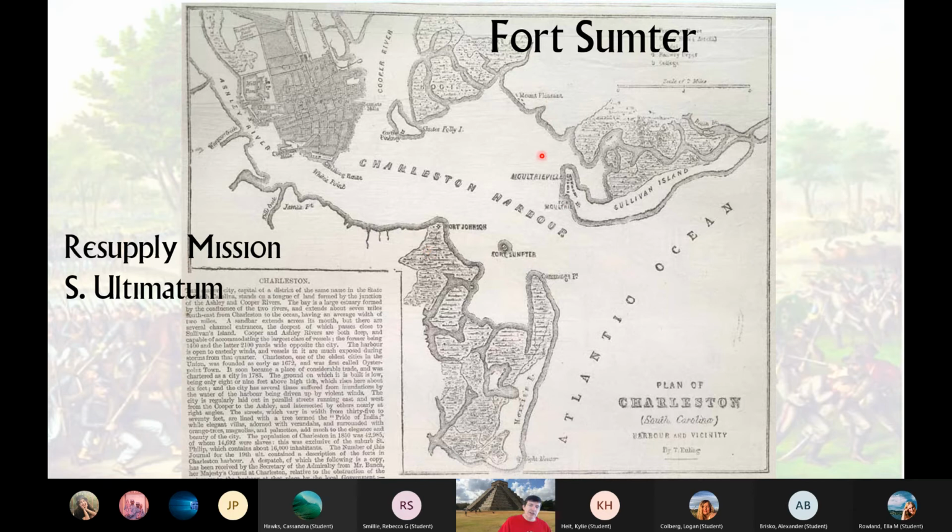The United States evacuated a few hundred soldiers to the unfinished masonry fort at Fort Sumter. It's a brick fort. Basically, it was just a sandbar. They built it up and built a fort on it. And it's unfinished. And there they remained all through January, February, into March.